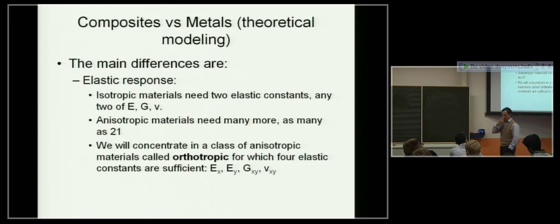So there are two things that we are interested in. One is the stiffness or the elastic response. If I apply a load, how much strain or how much deformation do I get? And the second thing is, if I apply a load, when does my structure fail? So as far as the first part, the so-called elastic response, if you have isotropic materials, then you only need two elastic constants, any two of these three: E, Young's modulus, G, the shear modulus, and nu, the Poisson's ratio.